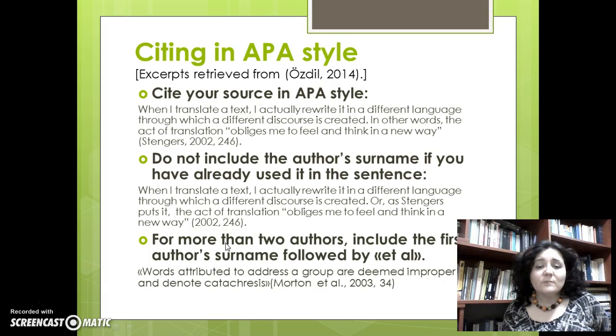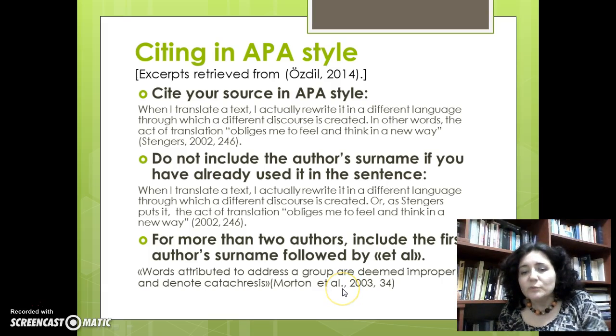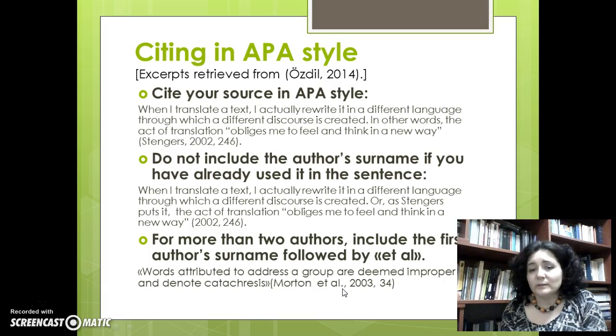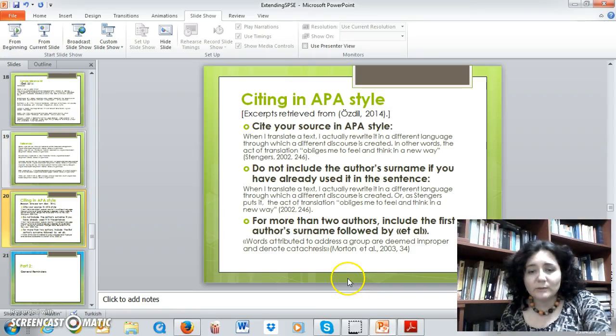And if there are more than two authors, then you include the first author's surname followed by the expression et al. For example, when we say Morton et al., it means Morton and some other writers, which we're not naming here, but it's not only Morton who wrote it. There are other people who wrote it.